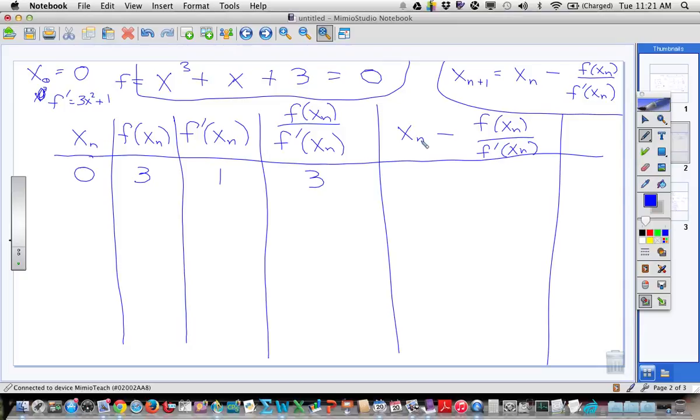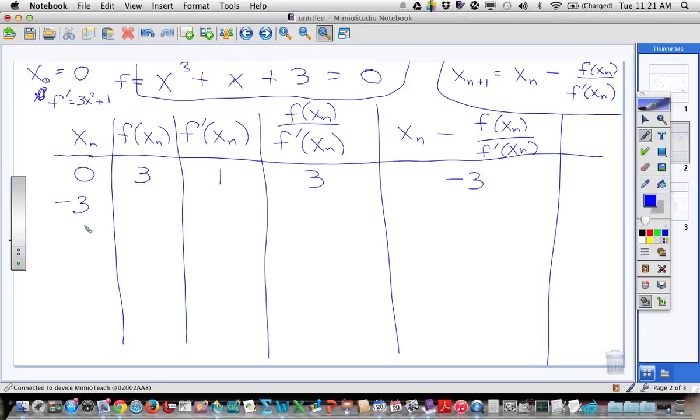Now we want to do x sub n, which is our original number here, 0, minus this column, 0 minus 3, -3. Now that gives us our next guess. So that value comes down to here. Right? -3.